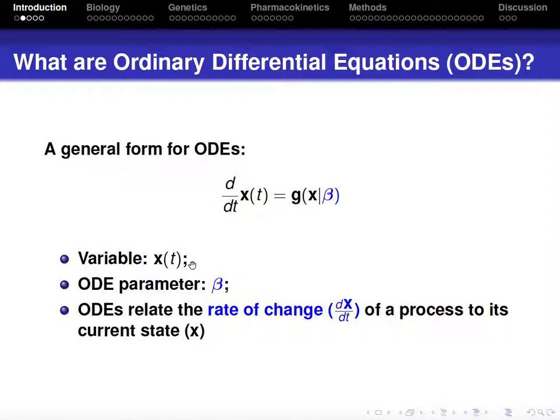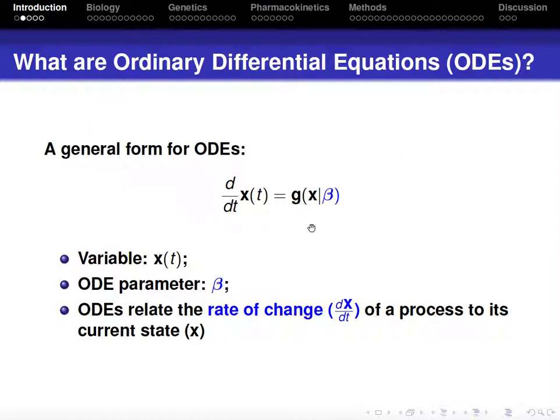This function can be multivariate, so I'm using the bold font here. We have this beta, which is the parameters we don't know. We call them ODE parameters here. You can see the differential equation links the derivative of the function to the function itself, right?